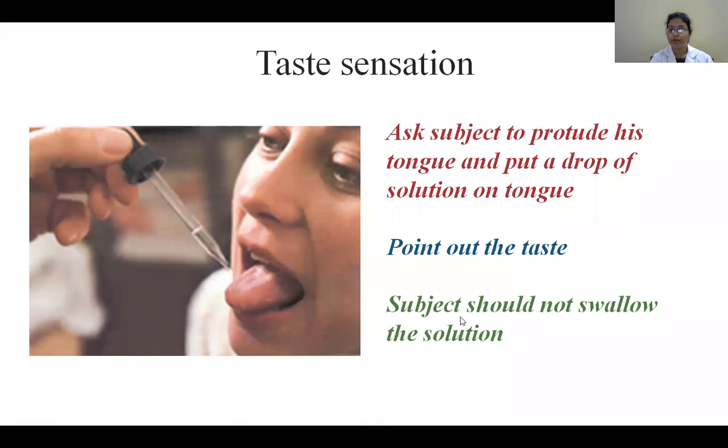That is the most important instruction we are supposed to give to the subject when we are assessing taste. At no point should the subject swallow the solution. And once he points out the taste, we have to ask the subject to go and rinse his mouth properly.